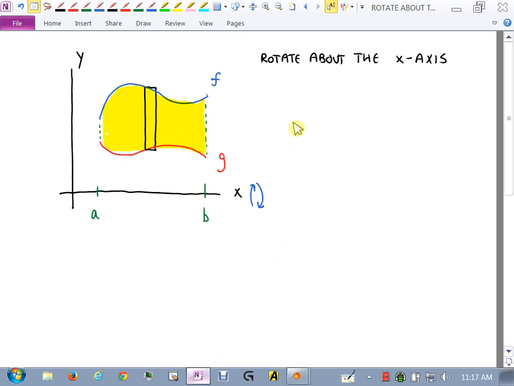So next to this picture, on the side, I'm going to draw my x-axis again. I'm going to draw my rectangle again. So I'm taking out all the other fluff in the problem, the rest of the function. I don't care. I'm really just concerned about that rectangle going around this axis, right?